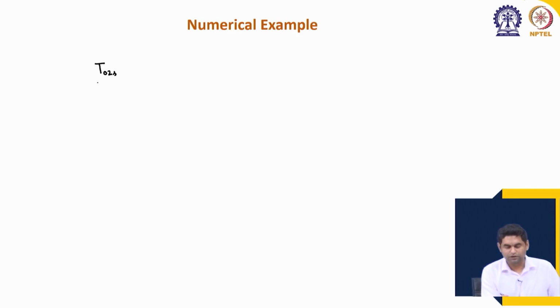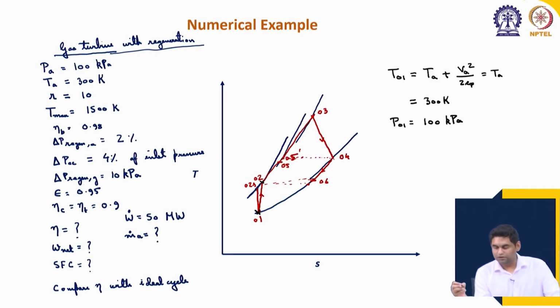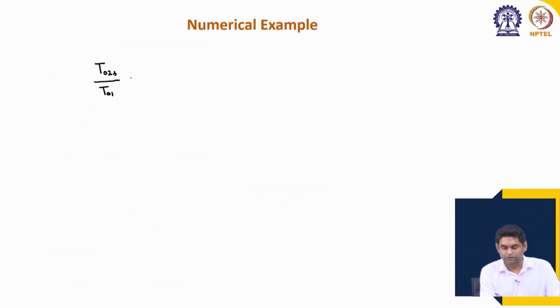So, T02s by T01, remember T02s from T01 is isentropic process. So, T02s by T01 is equal to R to the power gamma of air minus 1 by gamma of air, remember now that we are using separate gamma values.